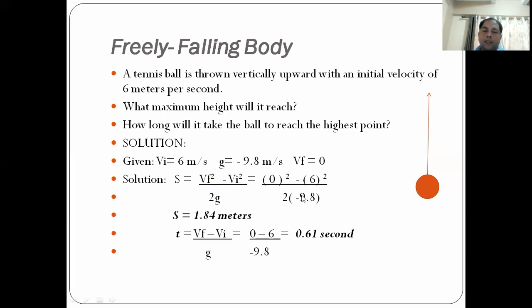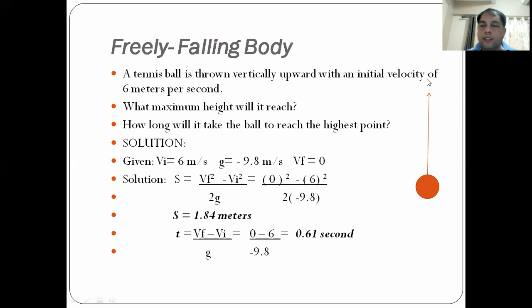You see that 9.8 is indicated by a negative value because acceleration due to gravity is always going down, so we always put a negative sign to that. So 6 squared will be 36 divided by 19.6. That will give us a distance of around 1.84 meters. So this ball will not really go that high because it is not thrown with a very high speed. It's only 6 meters per second. So this one will go as much as 1.84 meters.